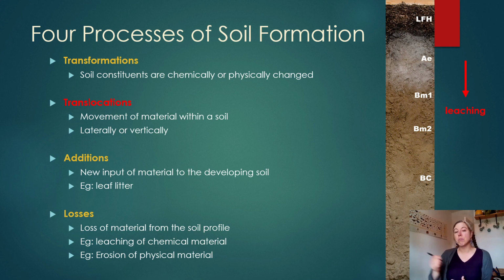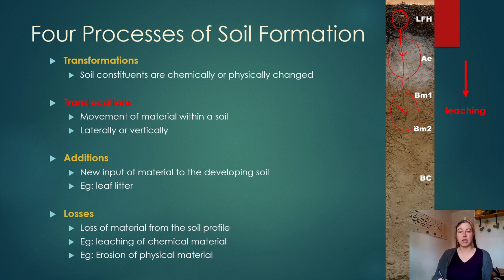Translocation is movement of material within the soil. So in this ferrohumic podzol, you have acidic topsoil from a variety of reasons we'll talk about. The water will leach down, and it will take the minerals out of this AE layer and transport them down.